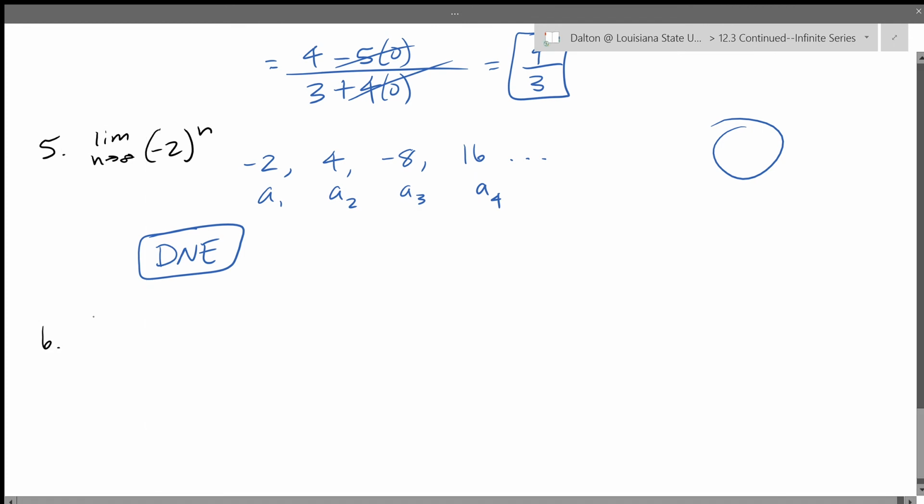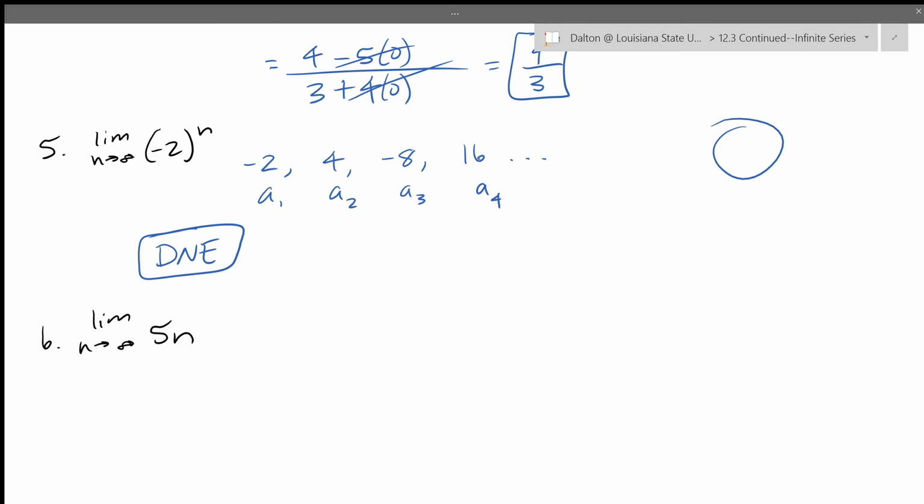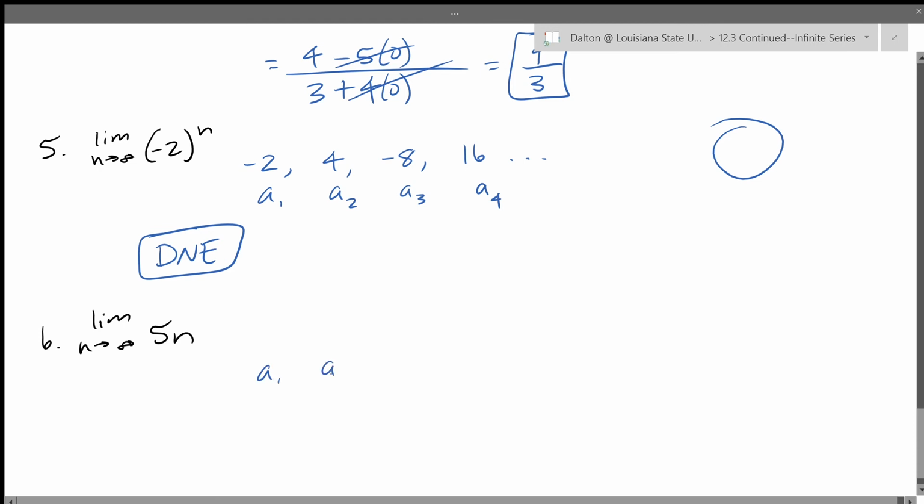Number 6, what about the limit as n approaches infinity of 5n? So again, I want 4 terms. A sub 1, A sub 2, A sub 3, A sub 4. So if I plug in 1, 5 times 1 is 5. If I plug in 2, 5 times 2 is 10. 5 times 3 is 15. 5 times 4 is 20.